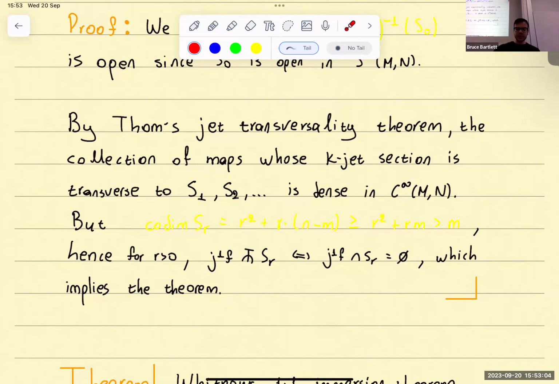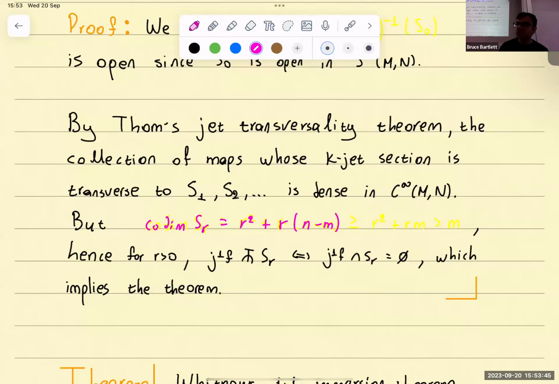So what does Thom's jet transversality theorem say? It says that the collection of maps whose k-jet section is transverse to all of these, S1, S2, and so on, must be dense in the space of all smooth maps from M to N. And then it's just a matter of computing what the codimension of these things is, which we know: the codimension of S_R is R squared plus R times (N minus M).